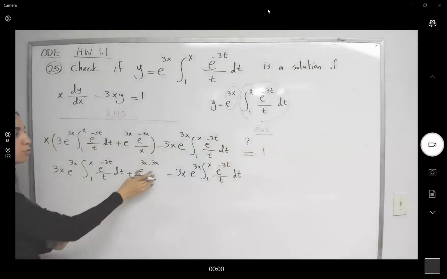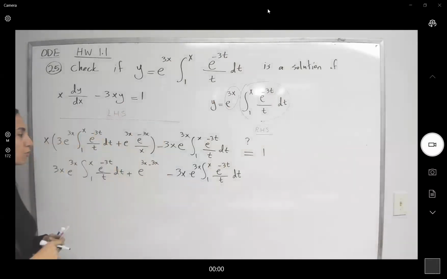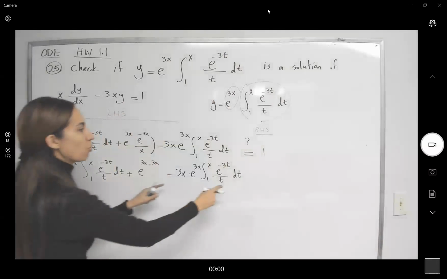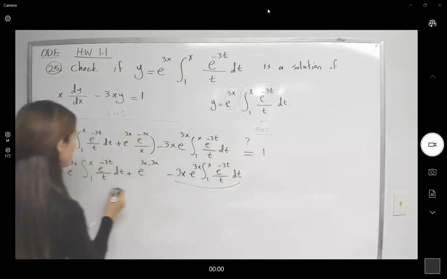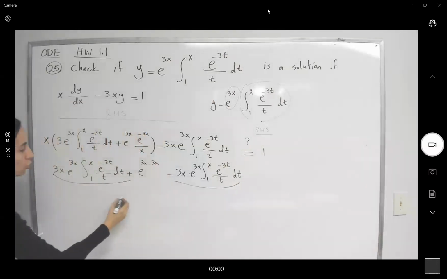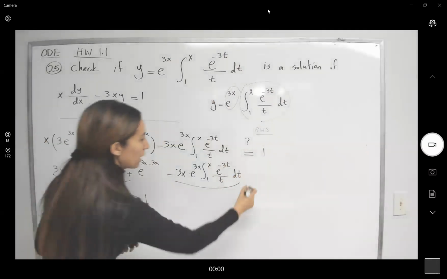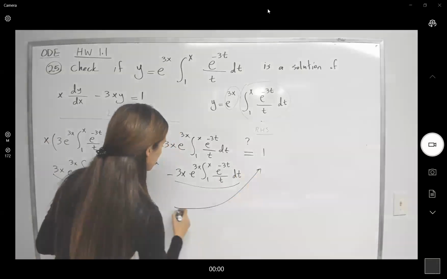Well, here you have e to the power 0, which is equal to 1. And as you can see, these two quantities are opposite of each other. So you're left with 0 plus 1, which is 1. 1 and 1 are equal to each other.